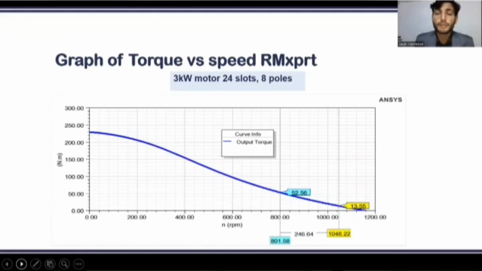These results were taken for the constant load. For each point, if we multiply the torque and the speed, we get the output power of 3000 watt.